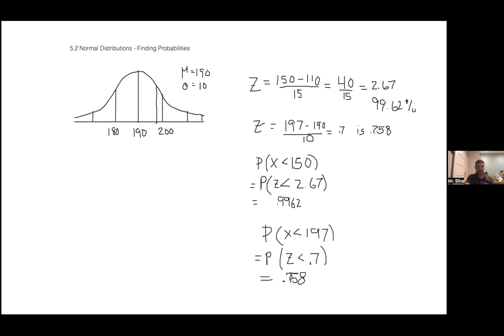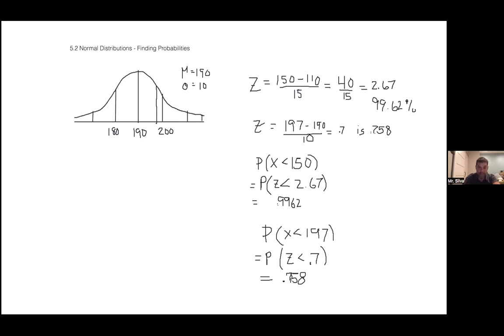So we're going to do normal CDF. I want to figure out the probability X is less than 150. So again, I'm going to do normal CDF, and I need to use a really small number as the lower bound. I'm going to go up to 150. Put in the mean. The mean was 110. This is IQ.